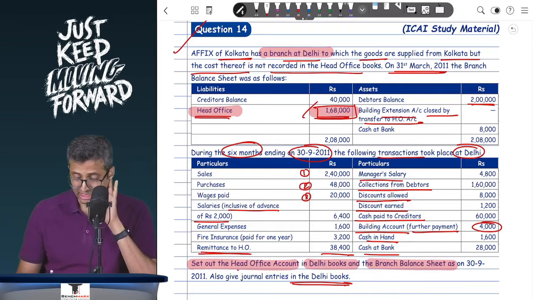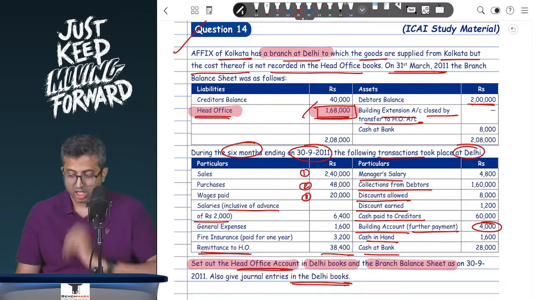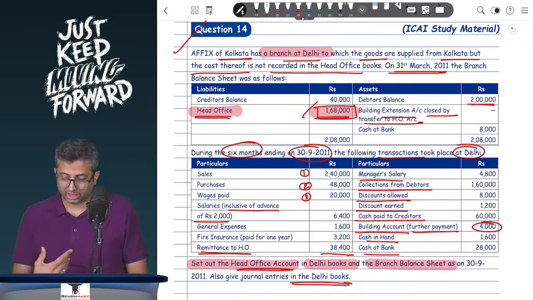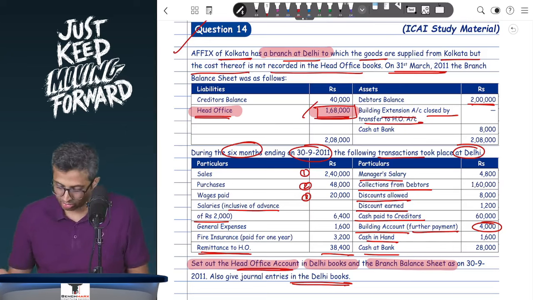Okay, set out the head office account. So if I look at the head office account, I will start with a credit balance of 168. Now, branch is incurring or earning income. This income will go to the head office. So if I look at the income, I believe I've received 2,40,000 of income. Further, I believe I've also received some discount earned, 1,200.